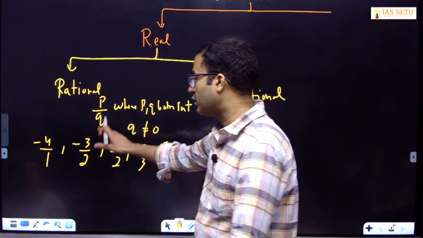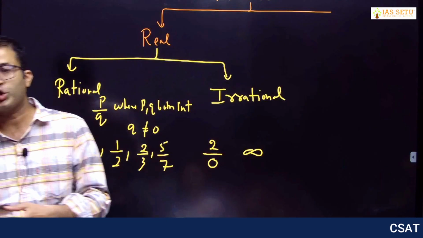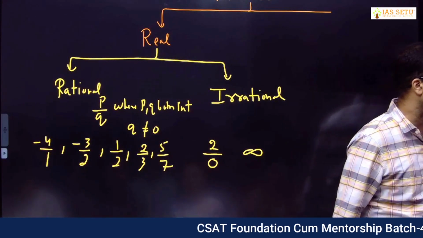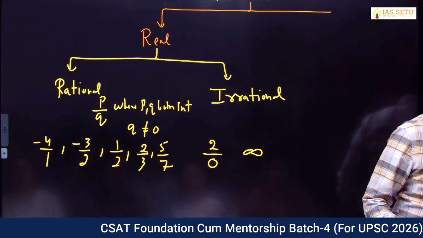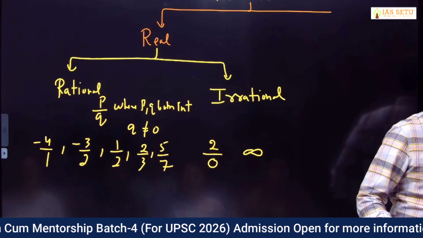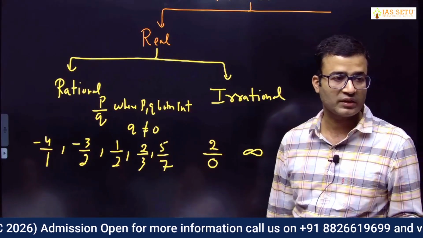So I repeat, what are rational numbers? Rational numbers we can express in the form of p by q, where p and q are both integers, q is not equal to 0. Your denominator cannot be 0, because the moment denominator is 0, that number becomes infinity, which we cannot define, and no one can define what infinity is. कोई नहीं define कर पाया कि infinity है क्या, ठीक है?